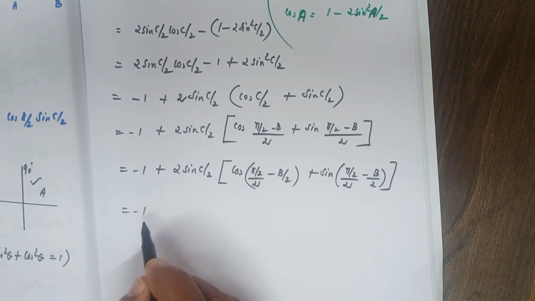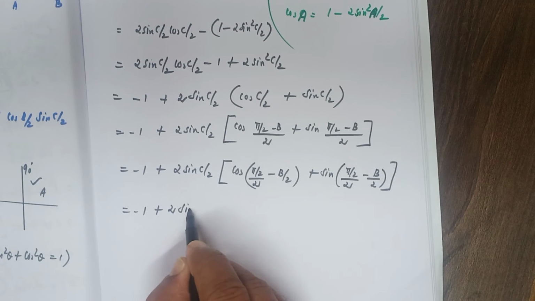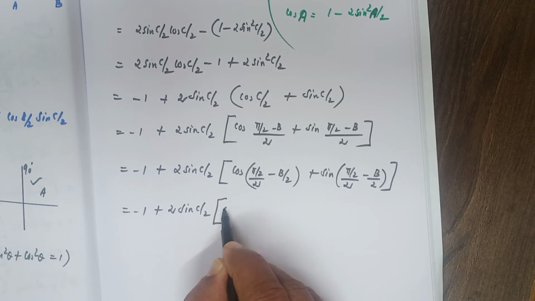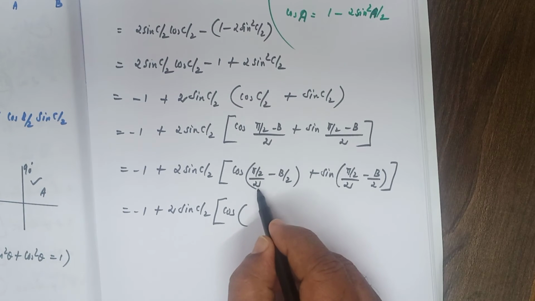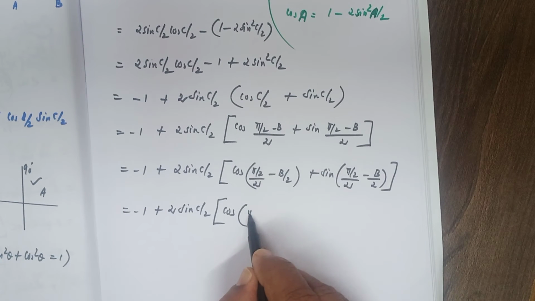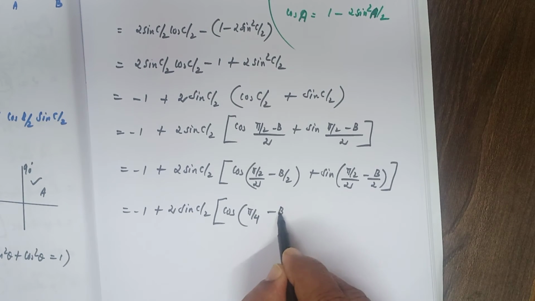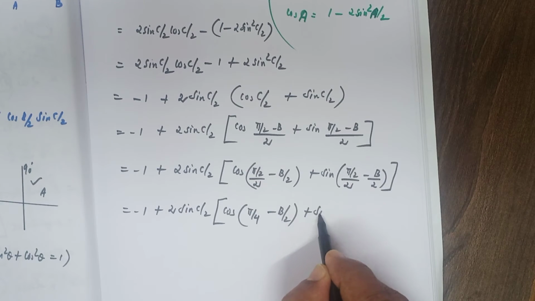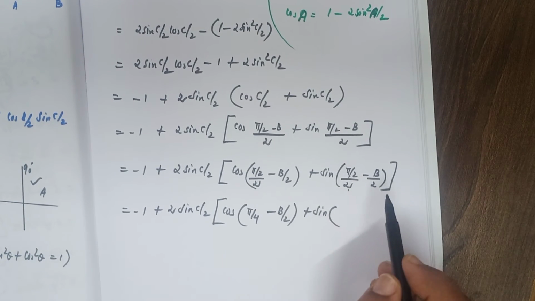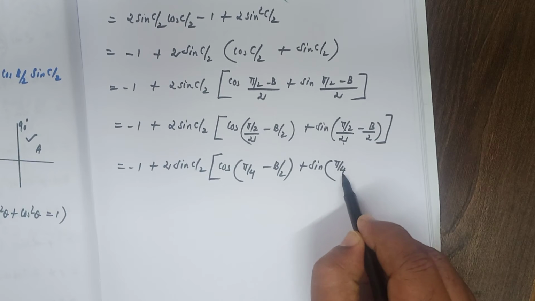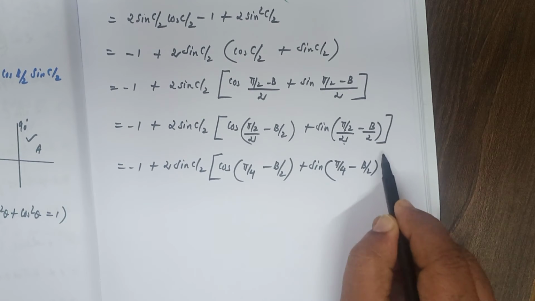That is equal to minus 1 plus 2 into sin c by 2 into cos of pi by 2, that is pi by 4 minus b by 2, plus sin of pi by 2, that is pi by 4 minus b by 2.